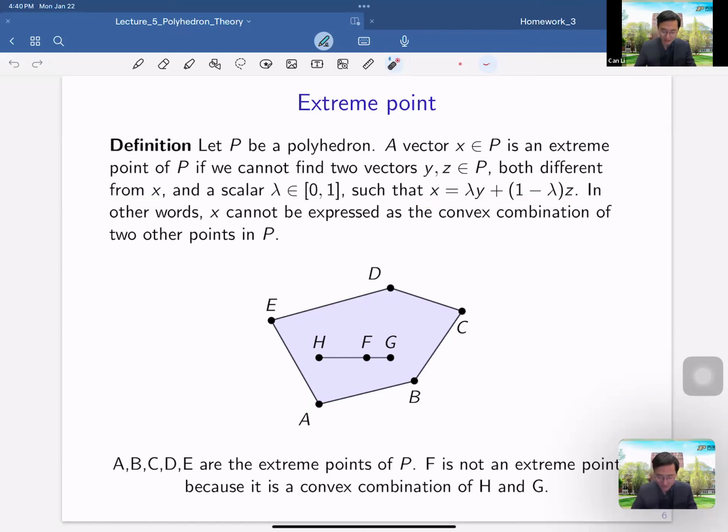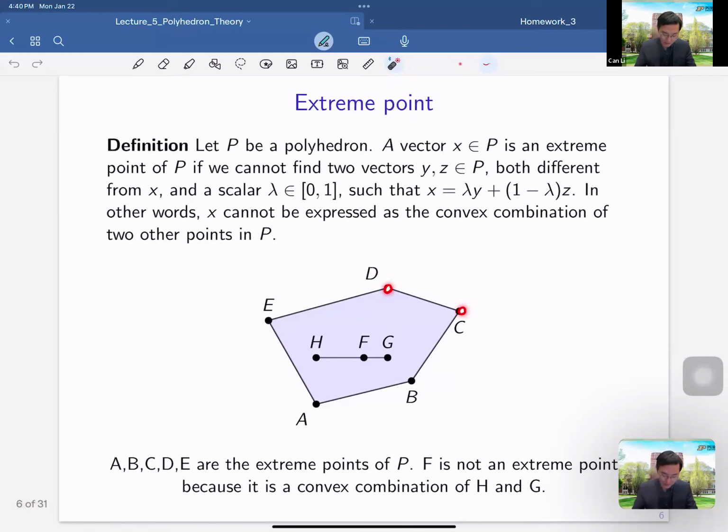Okay, so intuitively, if you look at this picture in 2D, essentially extreme points are the vertices of this polyhedral set, right? So at these points A, B, C, D, and E, those are the vertices. They cannot be expressed as two distinct points in the polyhedral P, right? For example, let's pick a point C here.